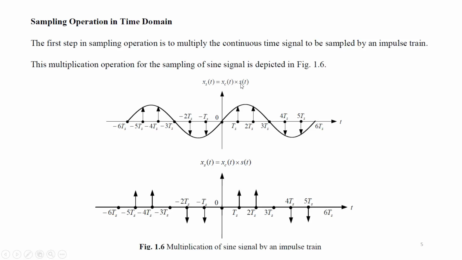You multiply the two, the continuous signal and the impulse train, you get the product signal, which will be this sampled signal.